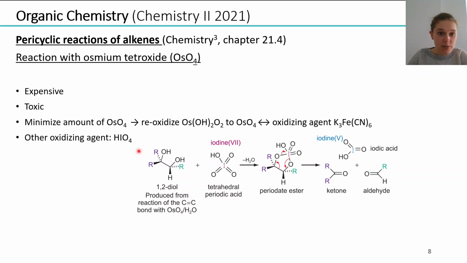So we have our 1,2-diol, which is formed, and then we add this periodic acid, and we will form, similar to the pericyclic reaction we just saw, a periodate ester. But then, unfortunately, we destroy our diol and form the ketone and the aldehyde as well as the iodic acid.